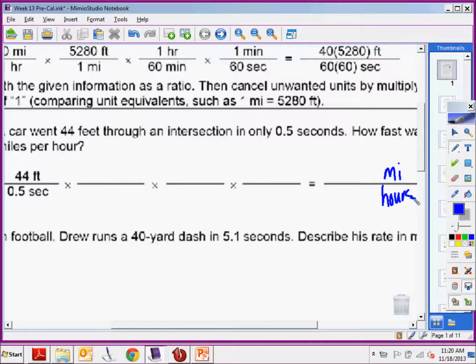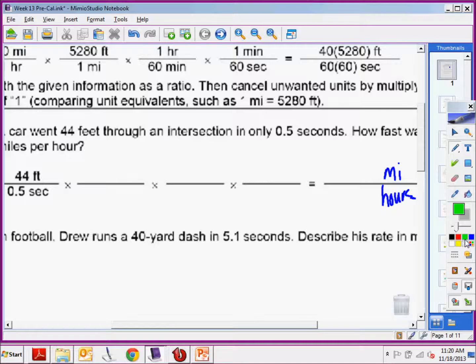Okay? So I want to go from here to there. The way I like to work it, which I think makes it a little easier, is to change your numerator first and then change your denominator. Do not do them at the same time. So first, how can I go from feet to miles? Well, how many feet are in a mile? 5,280.